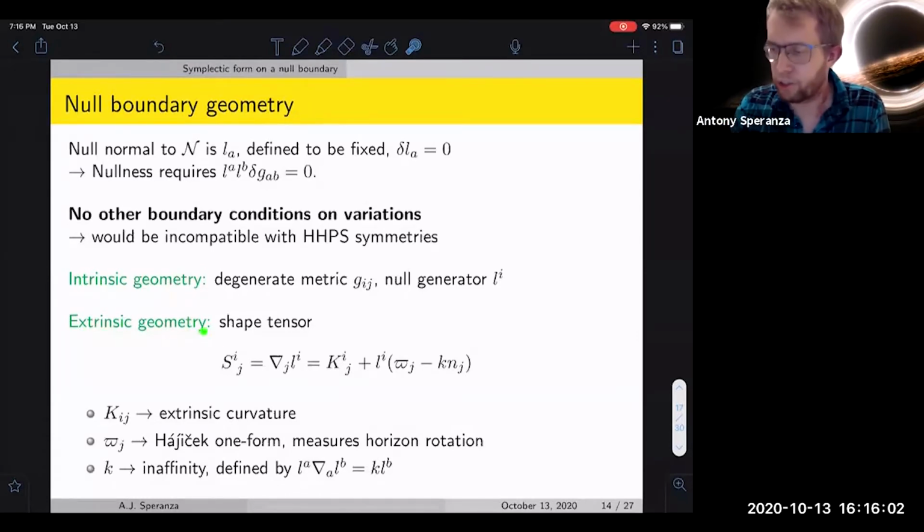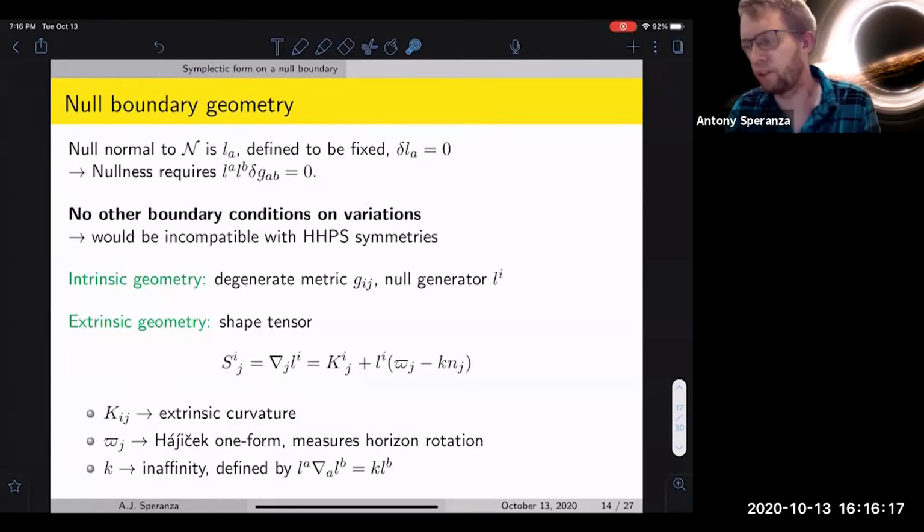The extrinsic geometry, you construct from the shape tensor, which is just the covariant derivative of L upstairs. For a time-like surface, this would essentially be the extrinsic curvature tensor. For a null surface it's slightly different.